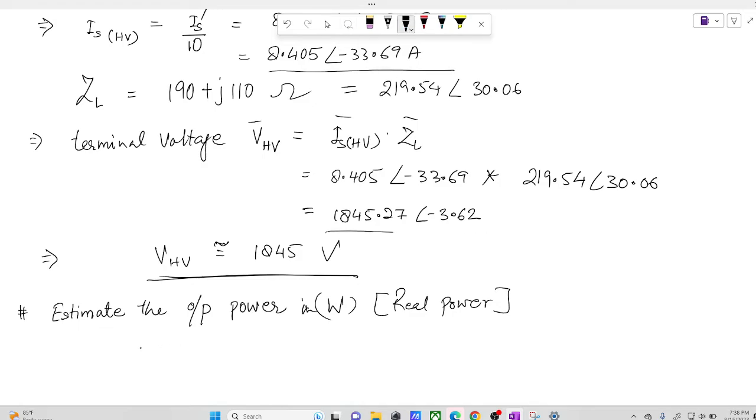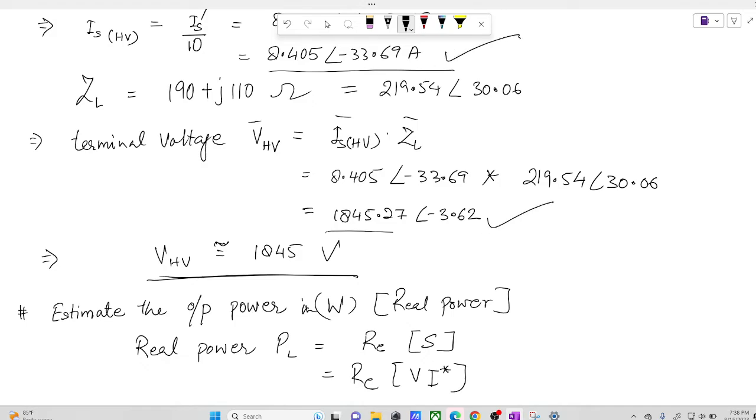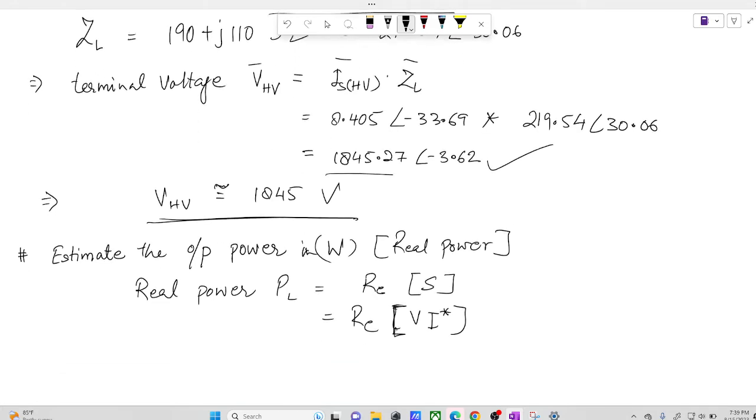So the real power of the load P will be the real part of the apparent power. And apparent power will be the real part of V into I conjugate. Multiply, and the real part of this complex power will give you the real power consumed.